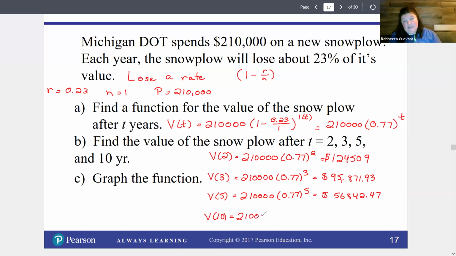After 10 years, as you see, it loses a lot of value initially, but it starts to kind of steady a little bit. It's not losing quite as much. But after 10 years, it's still losing a fair amount of value. It's only going to be worth $15,386.03.